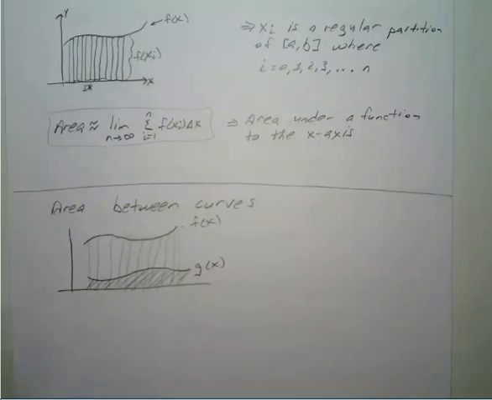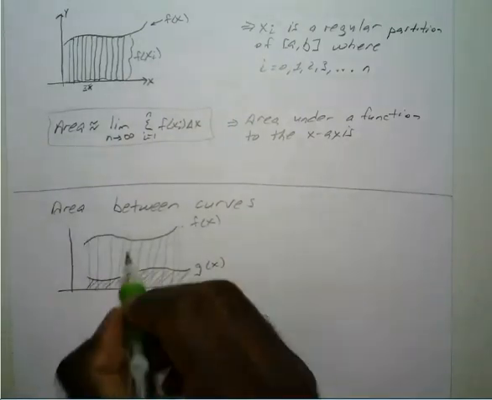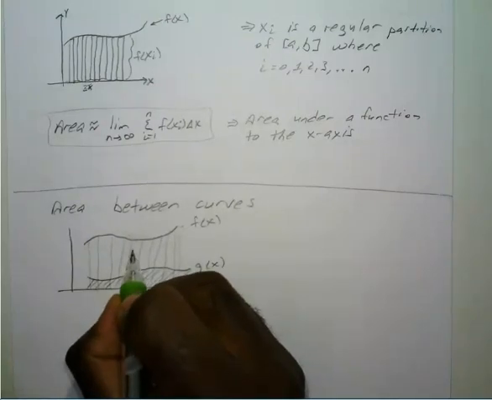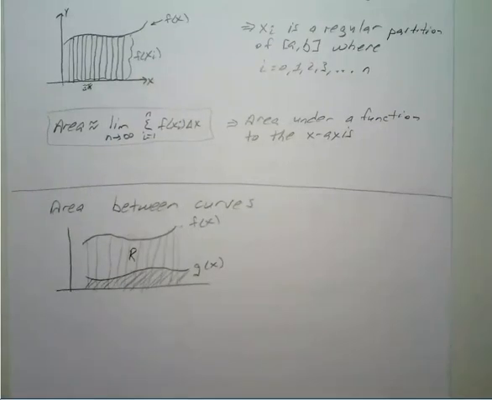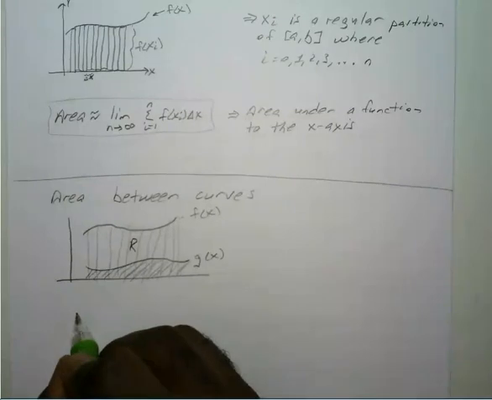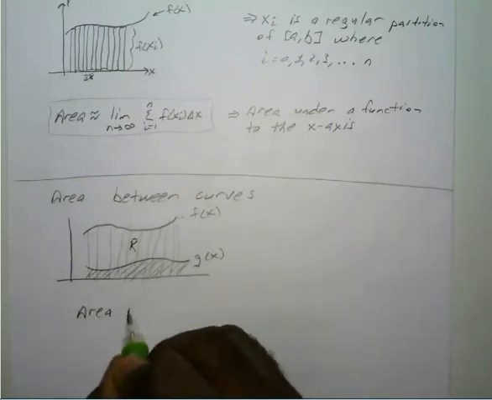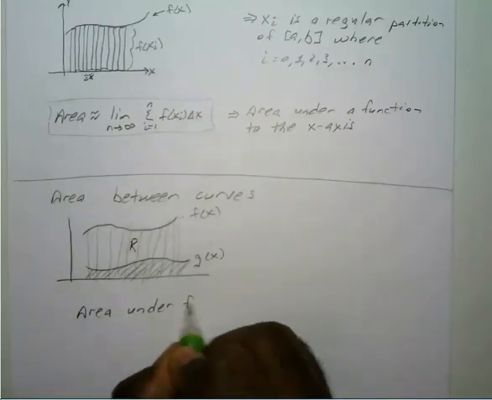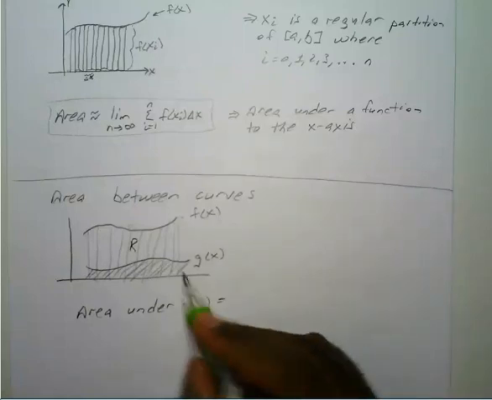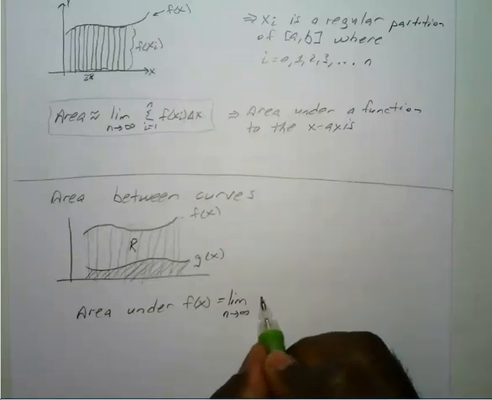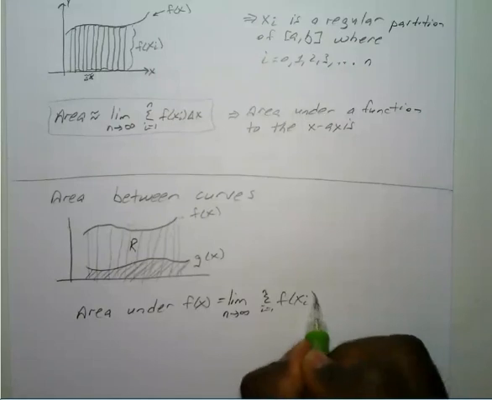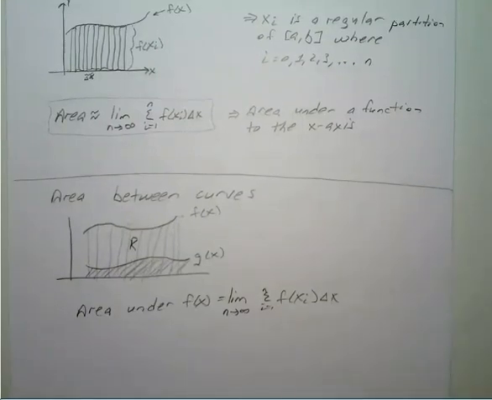If we wanted to find the actual area in between these two, and we'll call that R for the region between f of x and g of x, we have the area under f of x, which we already know is the limit as n approaches infinity of the sum from i equals 1 to n of f of x sub i delta x.